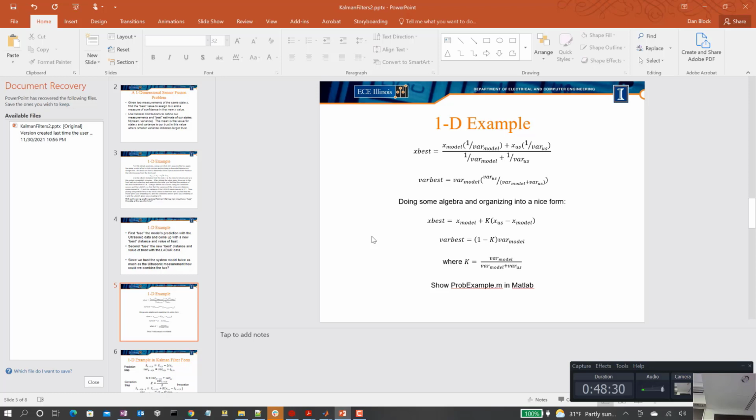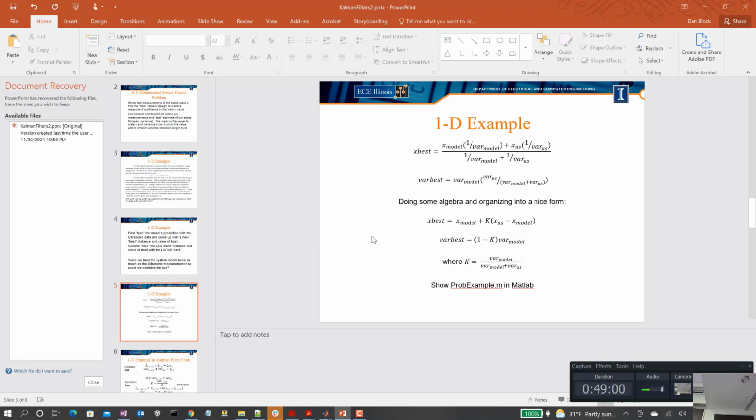So this is that error I was talking about, and k times this gives us our next prediction, plus right here, 1 minus k times the variance of the model gives us a new variance, how much we trust this new corrected state, right? That's where we'll assume we're at and continue on from there, given this k right here.